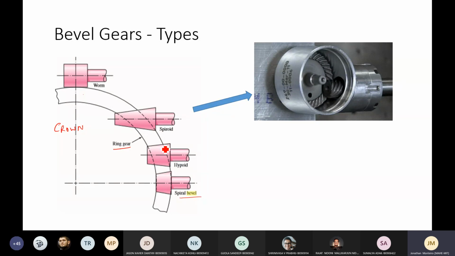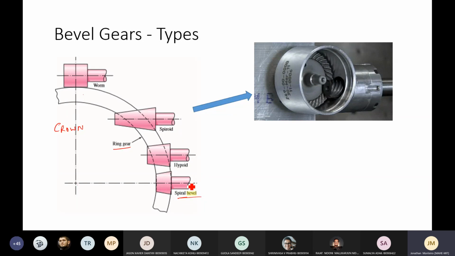Now, suppose you place the pinion directly, so that the axis intersects at the center. Then you can use a spiral bevel gear, and also a straight bevel gear. Straight tooth also you can use. Suppose you change the position, you will come across different types of gears.